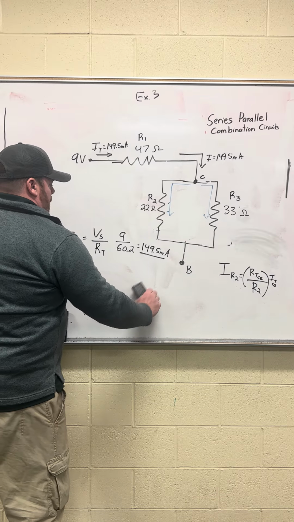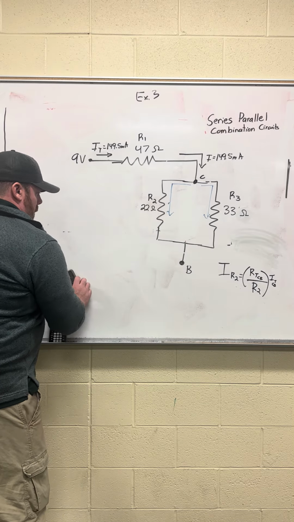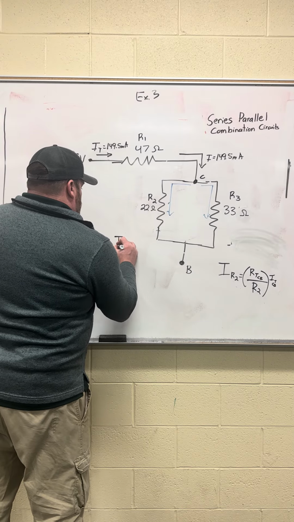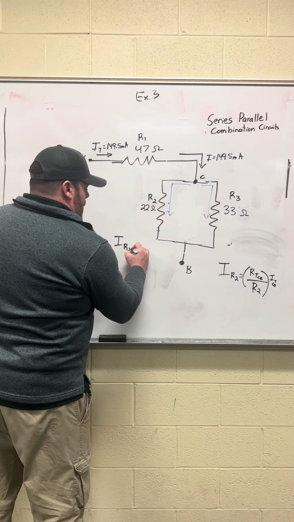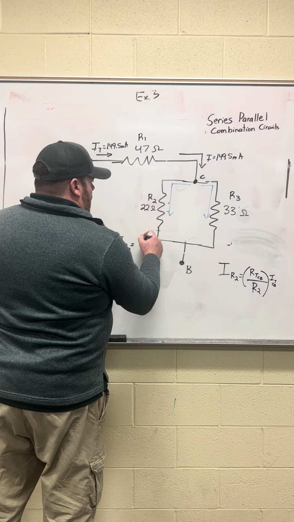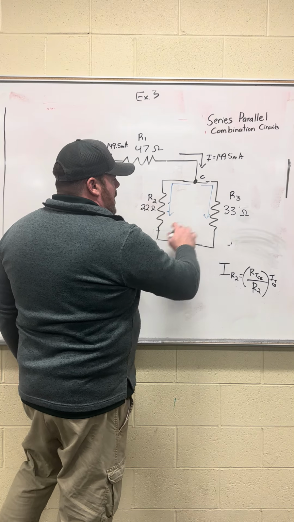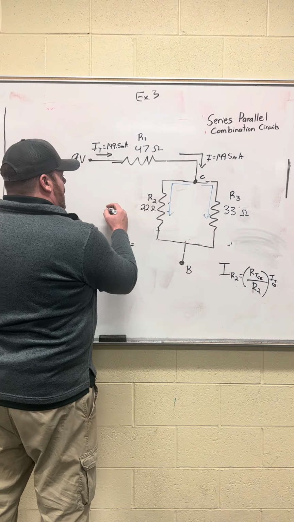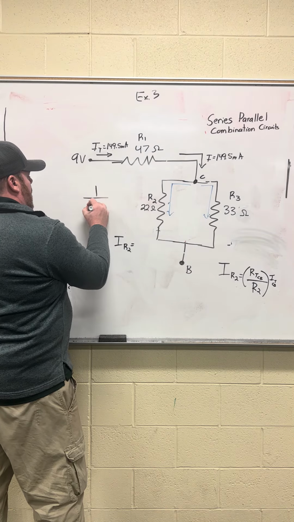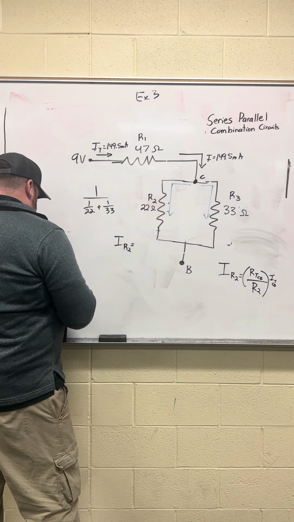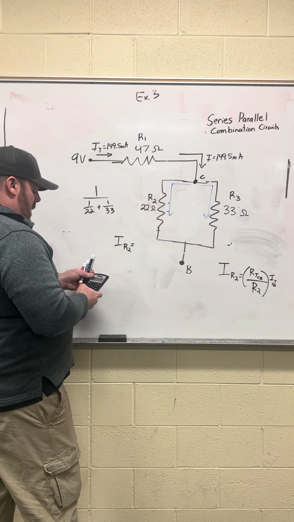So let's see what that looks like. So we plug that in. We're going to do it on this side, so hopefully you'll be able to see it. All right, we need the total resistance of these two together. So 1 over 22 plus 1 over 33.